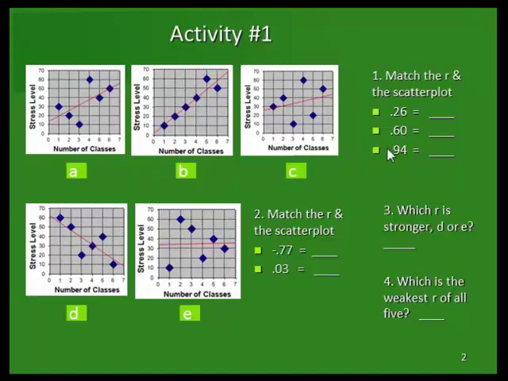Okay, so you should have said the 0.26 is the weakest, that should be C. The 0.60, that's the one in the middle, that's A, and the 0.94, that's B. So C is weakest, A is a little stronger, B is the strongest. You'll notice with B, you have a line that's virtually at a 45-degree angle. The scores are falling very close to the line, very strong relationship.